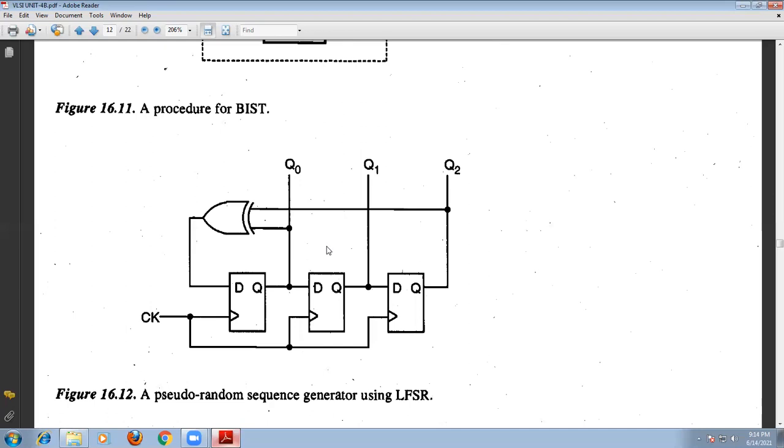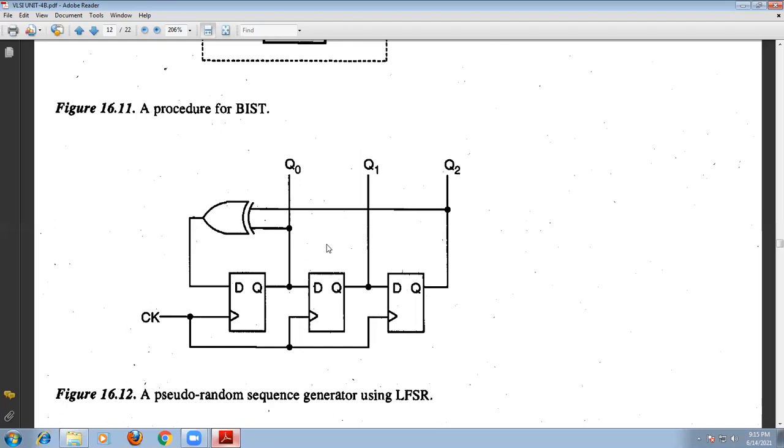In the signature analysis, we use the compression technique, so there is a chance that the output of the faulty circuit matches the output of the fault free circuit. So whatever the fault is, it goes undetected.